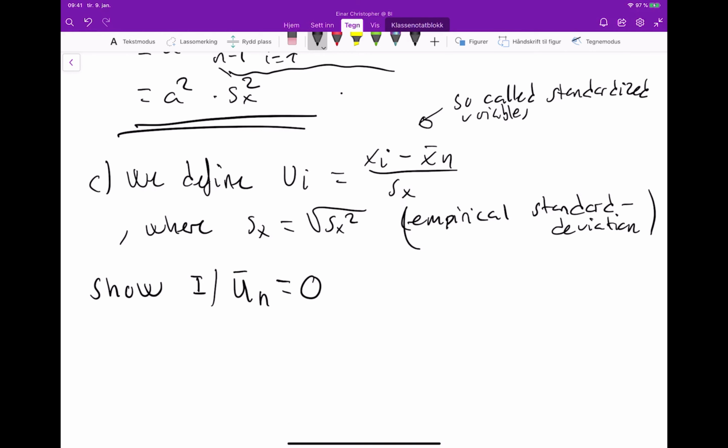Okay, and the second thing we are going to do is to show that the empirical variance of the u's is equal to 1.